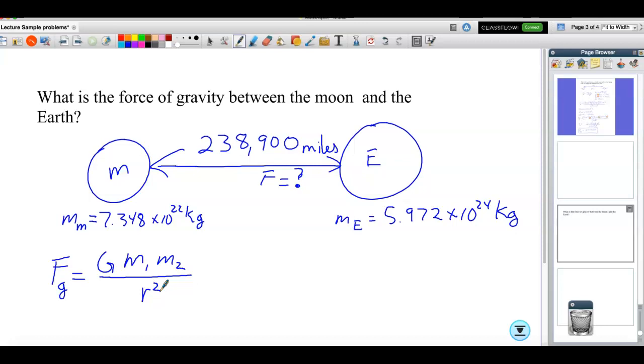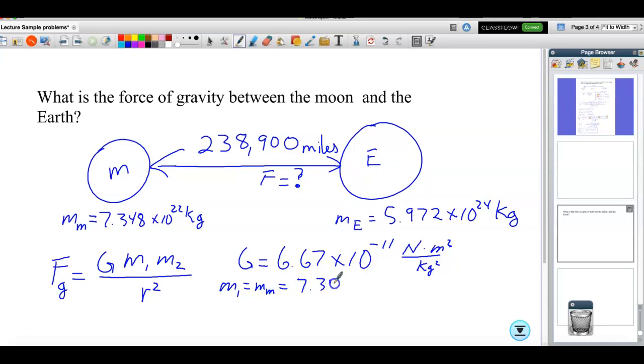So let's do this. Remember, G is 6.67 times 10 to the negative 11th newtons times meters squared over kilograms squared. Mass 1, let's just go with the one on the left. Let's call that the mass of the moon. So that is 7.348 times 10 to the 22nd kilograms.